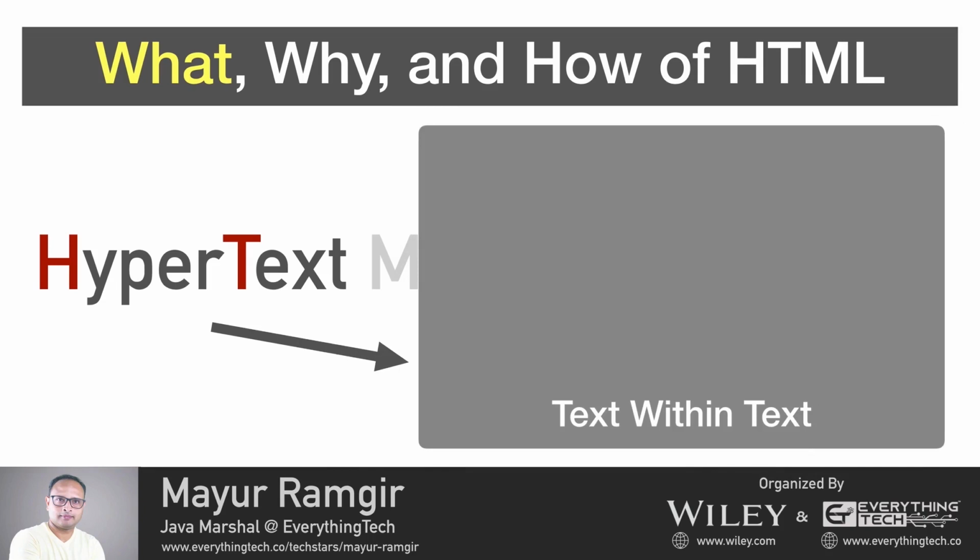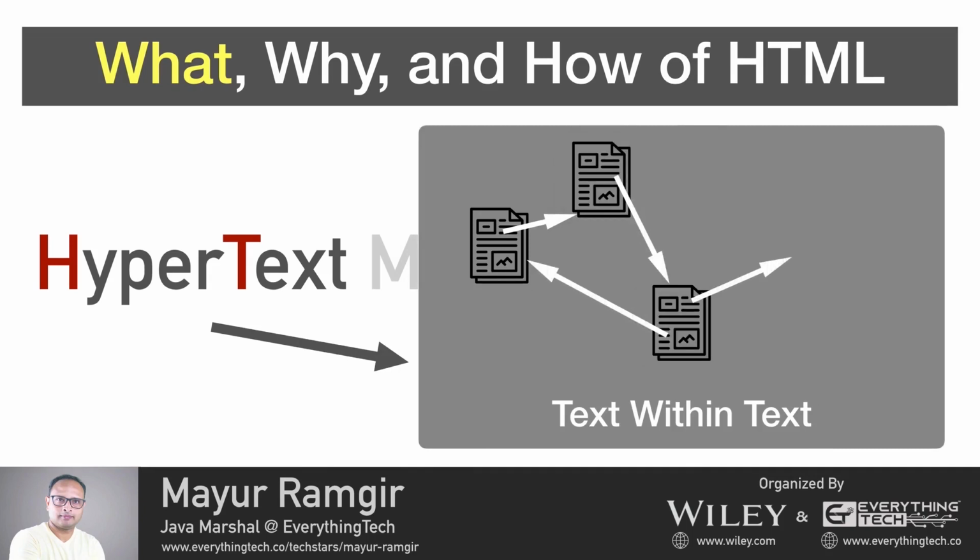In other words, hypertext is text which refers to other text within the same document or another document that can be accessed. These documents are interconnected by hyperlinks. Hypertext not only refers to text but also to images, tables, etc.